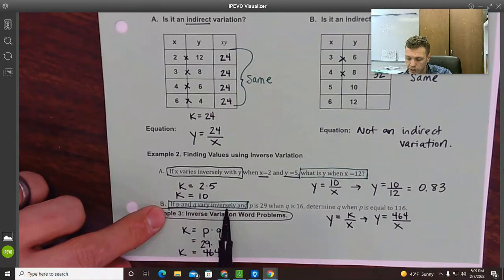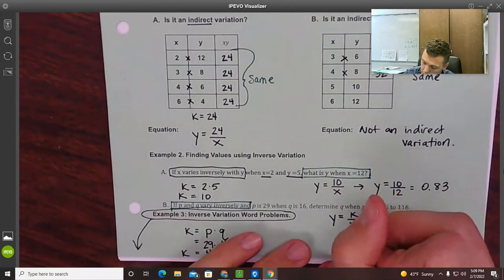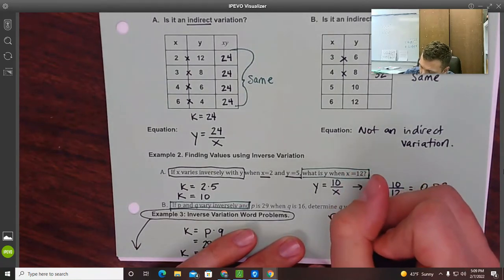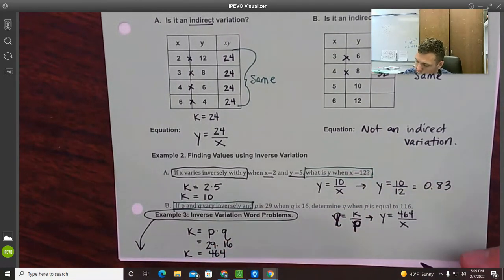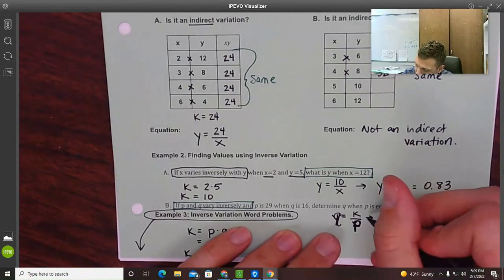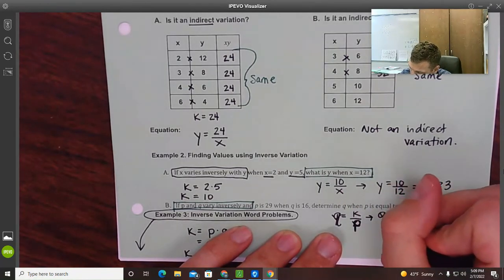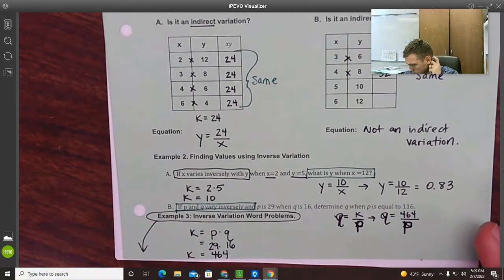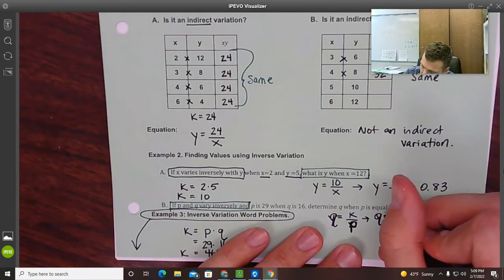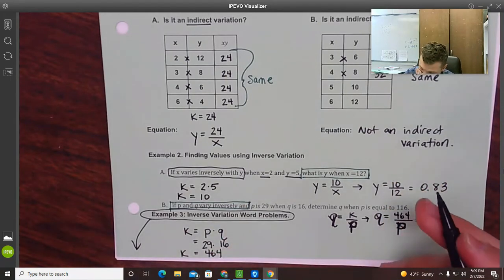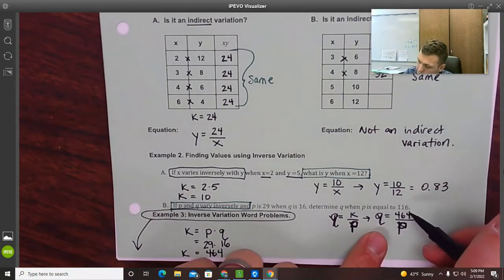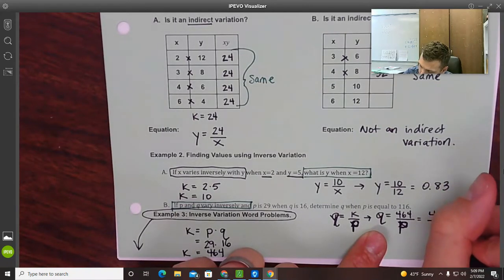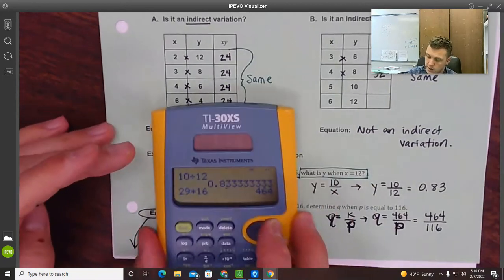If p and q vary inversely, so that p, that first one, that value, that's going to go down below, right? If p and q vary inversely. So my equation right here, instead of x and y, we're going to have q and p. So if we're trying to find q when p is equal to 116, take 464 and divide it by 116.